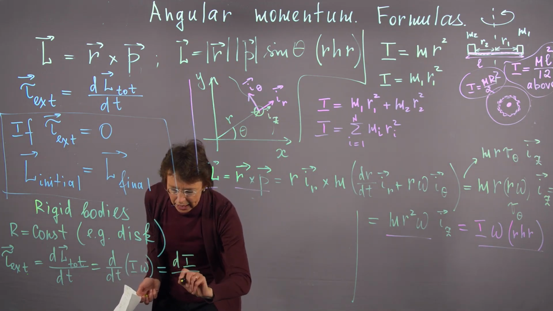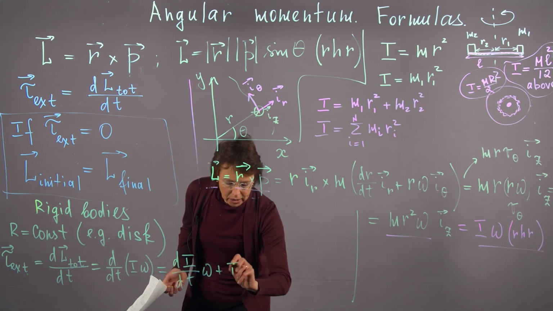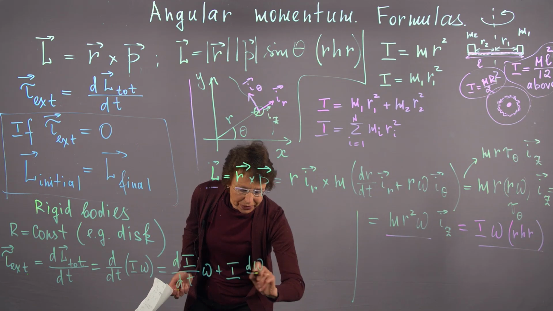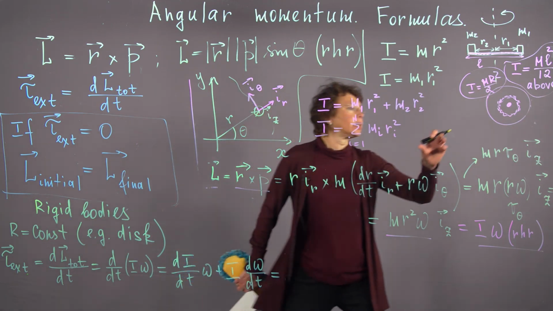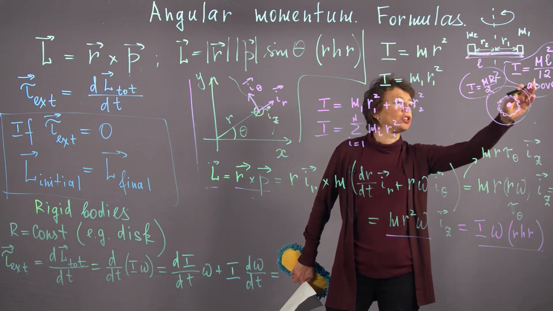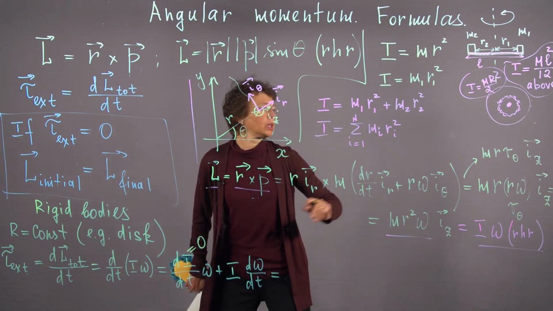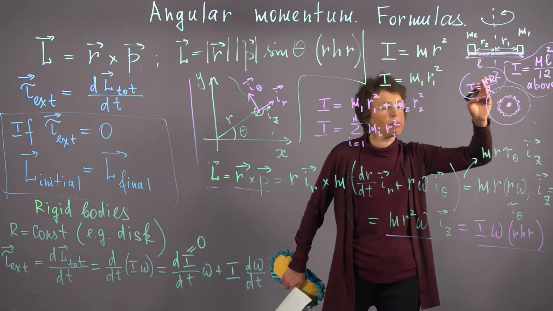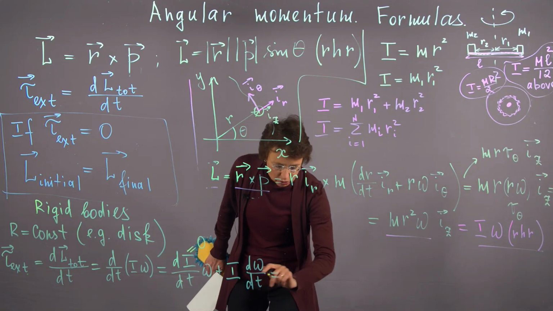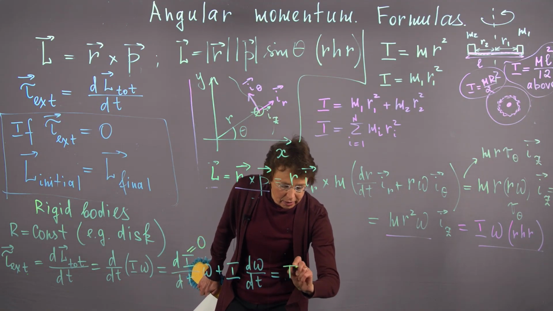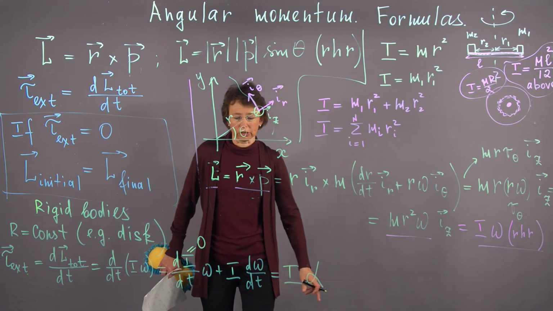It is dI dt omega plus I d omega dt. dI dt is 0 because I is constant for rigid objects, whether it is m L squared over 12, m r squared over 2, whatever object you consider. So the first term is 0 and the second is I times d omega dt, which is the angular acceleration alpha.